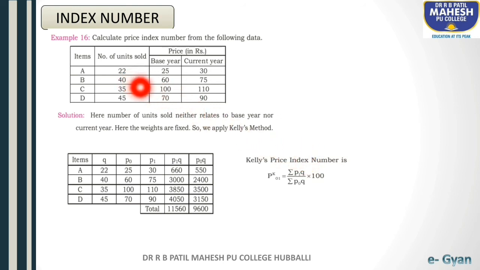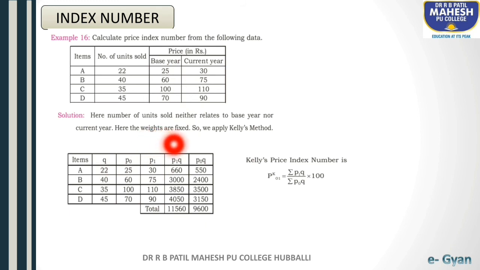Number of units sold means it is Q, price of base year is P0, price of current year is P1. So these are the given things.